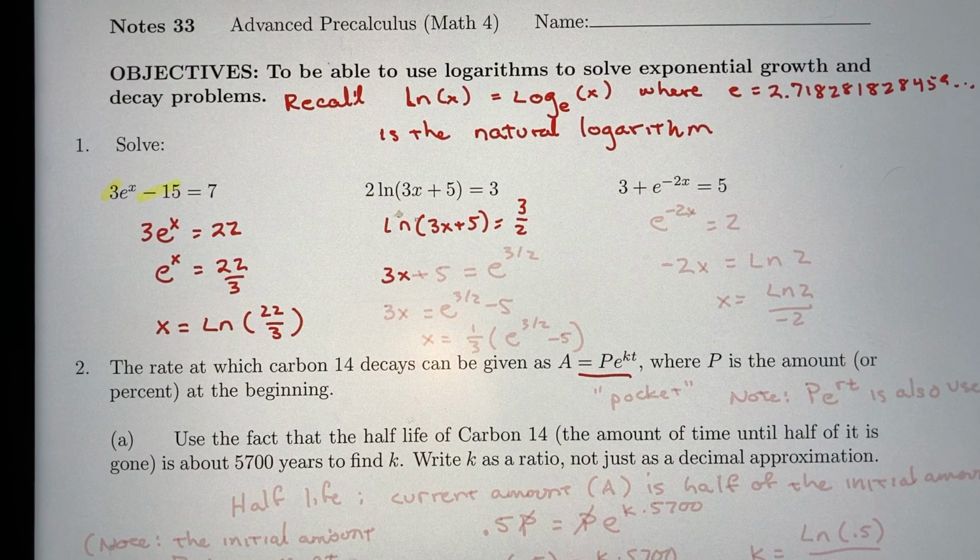You un-ln by e-ing the other side, exponentiating. Okay.